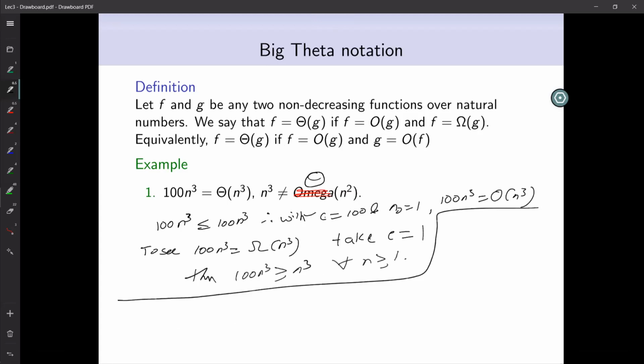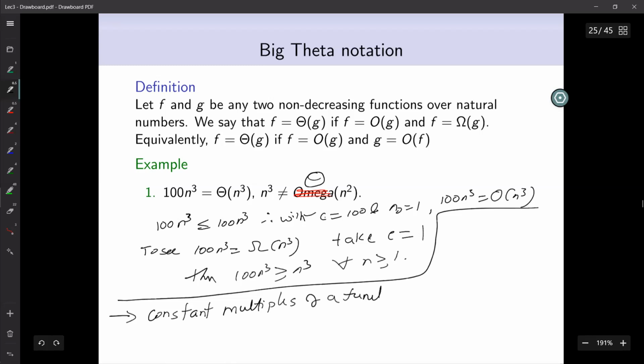So let me very quickly say what we have achieved with this big O, big theta notation. This big theta notation basically classifies functions into equivalence classes. This notation says that constant multiples of a function are equivalent.